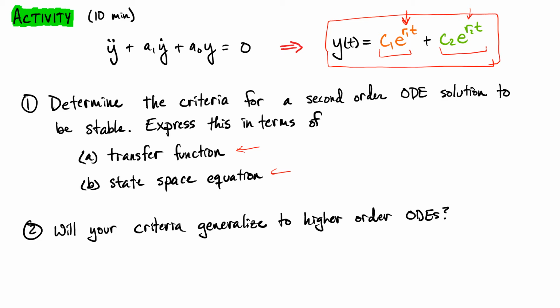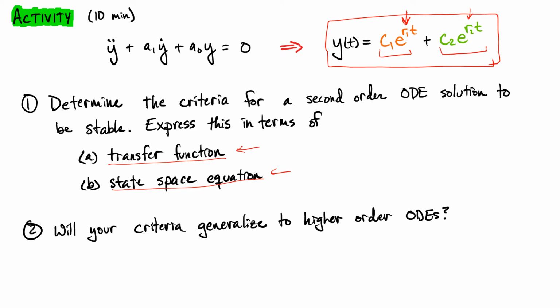Look back at our past activities in this class and look at the values of those R1 and R2 that make it stable, and how to express that in terms of the transfer function and in terms of the state space equation.